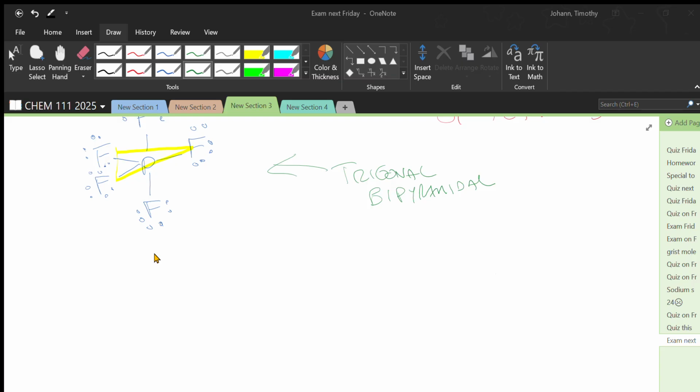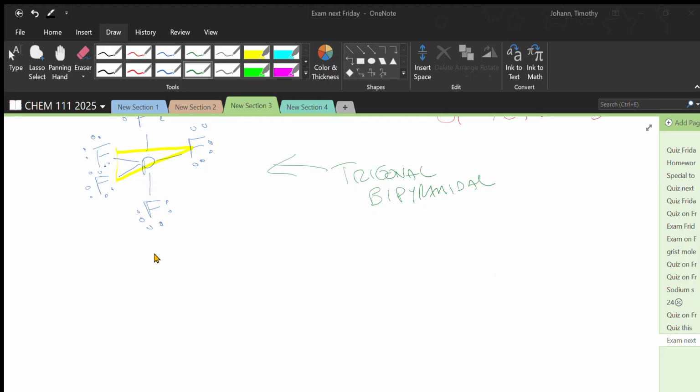Okay, we talk about groups of electrons, and if we look at the angles here, if we look at a triangle, what are the angles between the points of a triangle? Like right here, what's that angle? It's 120 degrees, okay? 120, 120, 120. But going straight up above the plane is 90 degrees, okay?